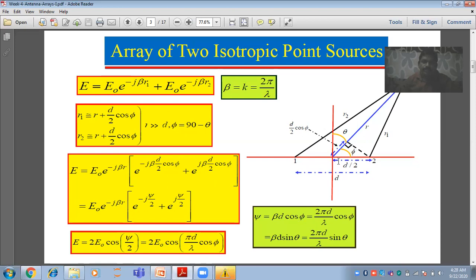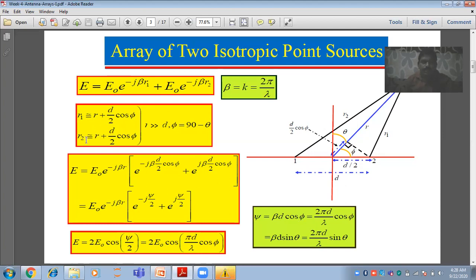This length is called the path difference, shown here by this arrow line, d by 2 cos phi. Therefore, this R can be represented as R1 minus d by 2 cos phi, so R1 is equal to R plus d by 2 cos phi.